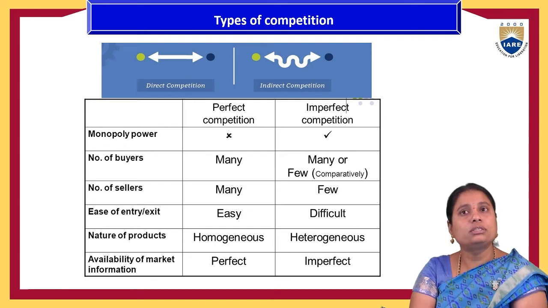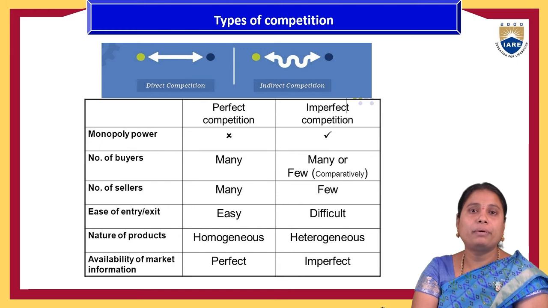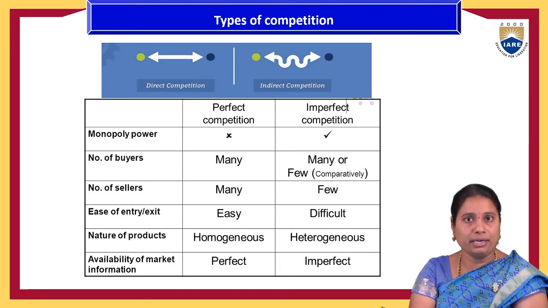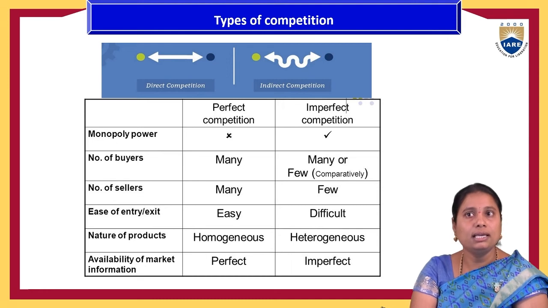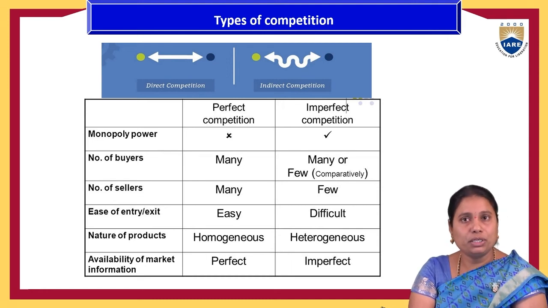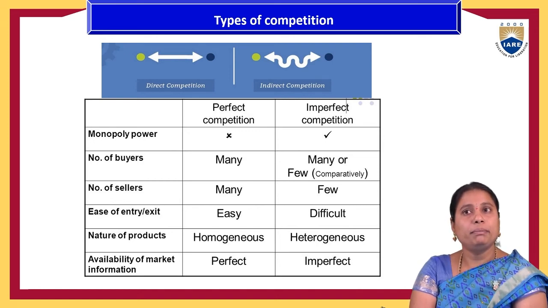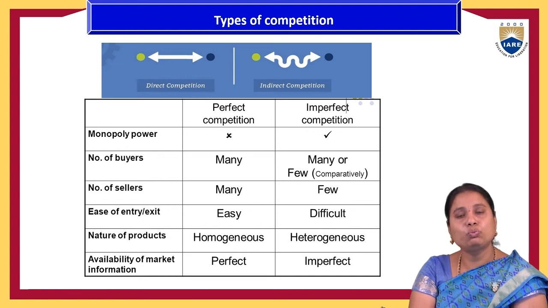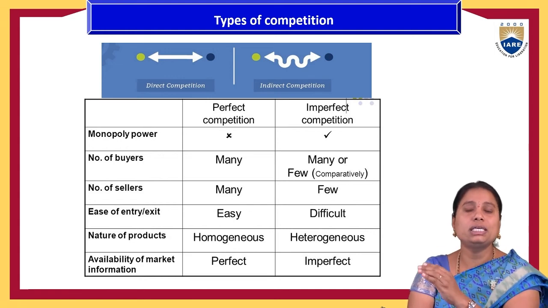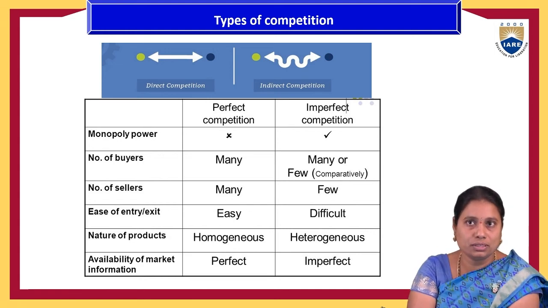In other words, the direct competition market is called the perfect competition market, and the indirect competition market is called the imperfect competition market. Monopoly power will be more in imperfect competition, which means one seller and a larger number of buyers will exist.